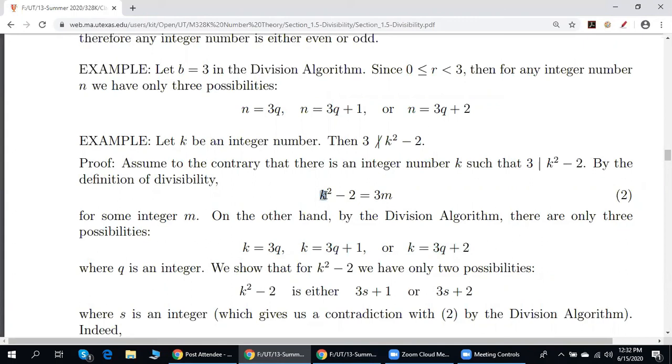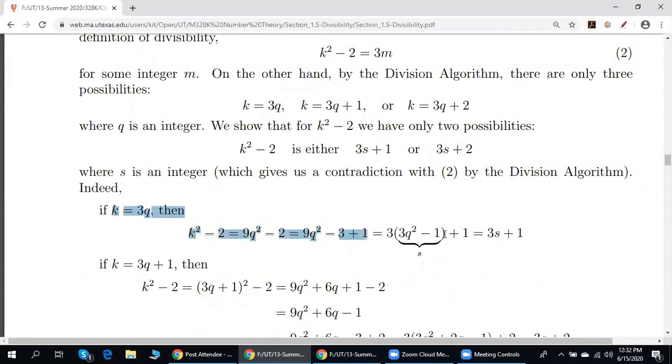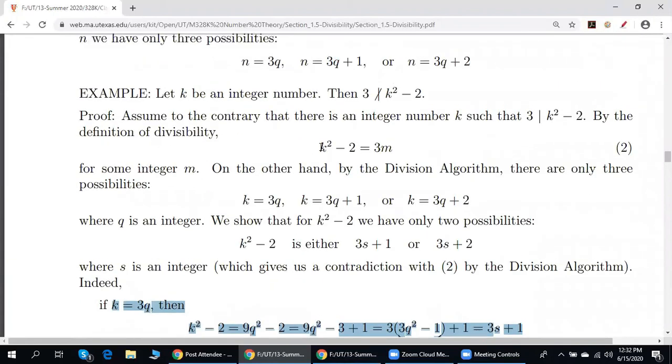But if k is 3q, according to what is written here, the left-hand side, which is over here, is of the form 3s plus 1. Note that according to the division algorithm, when we divide the same number by 3, the remainder is unique.